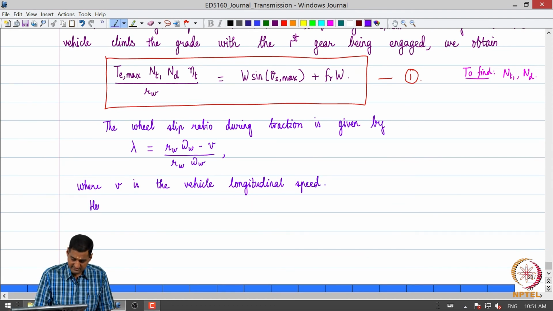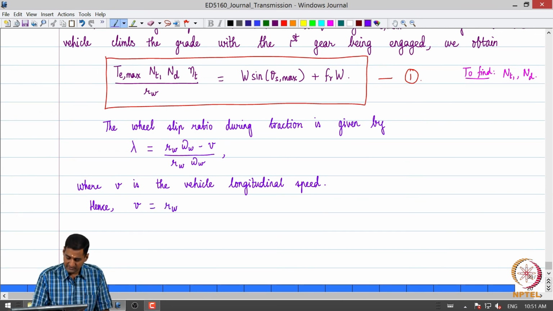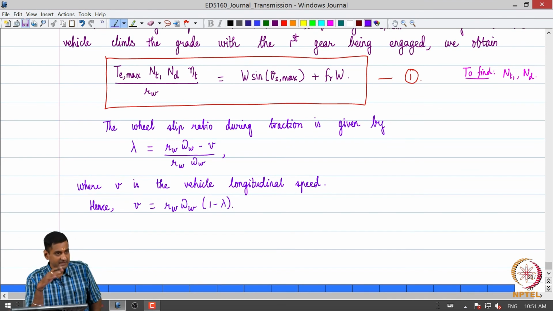Hence, from this expression we obtain that the vehicle longitudinal speed is equal to Rw omega w times (1 minus lambda). That means if the wheel is rotating at an angular speed of omega w with the slip ratio being lambda at the tire road interface, then the corresponding longitudinal speed is given by this.